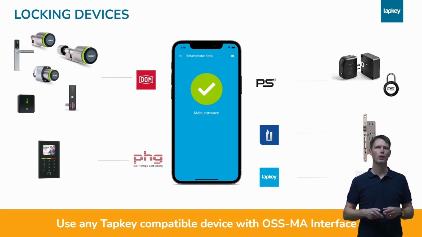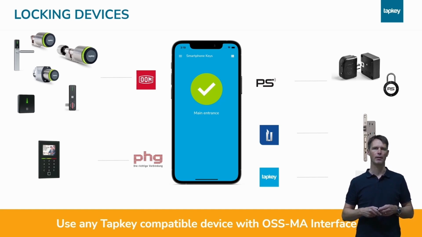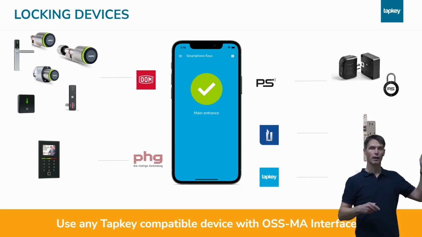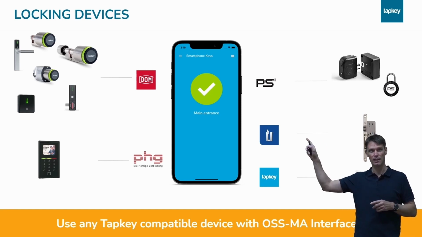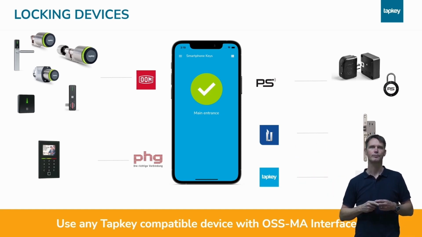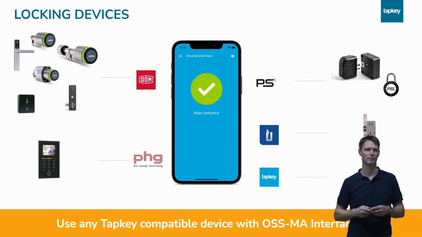Of course, we are working with well-known manufacturers to Tapkey enable their reader devices, and we showed a first showcase this year at the Light and Building Fair in Frankfurt with our partners PHG and Dome. And by the way, many of the Tapkey compatible locking devices you see here on the slide are available at the Tapkey online store.